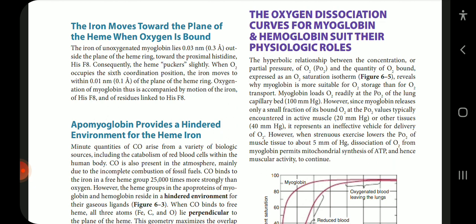The iron of unoxygenated myoglobin lies 0.03 nm (0.3 angstrom) outside the plane of the heme ring towards the proximal histidine, his F8. Consequently, the heme puckers slightly. When O2 occupies the sixth coordination position, the iron moves to within 0.01 nm (0.1 angstrom) of the plane of the heme ring. Oxygenation of myoglobin thus is accompanied by motion of the iron, of his F8, and of residues linked to his F8.